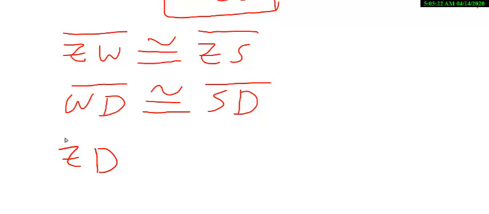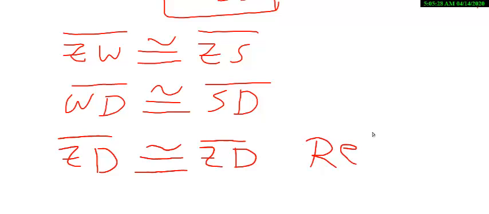So ZD is congruent to ZD by the reflexive property. Then I can get the conclusion that the two triangles are congruent by the statement triple S, and this will cover the answer for the first question.